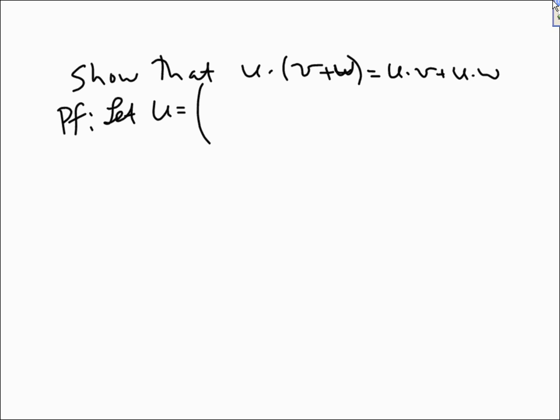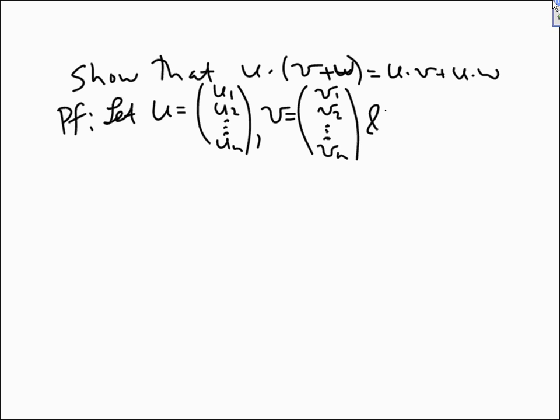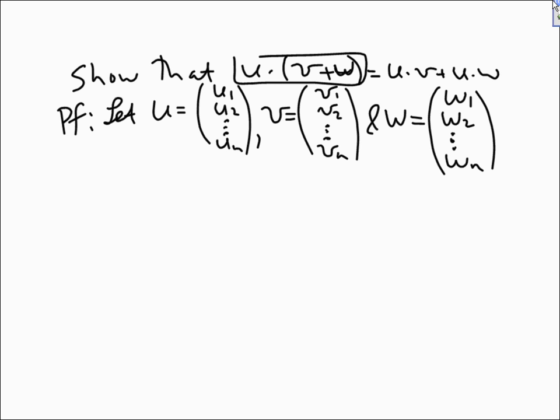Let U equal U1, U2 up to Un, V equal V1, V2 up to Vn, and W equal W1, W2 up to Wn. So we'll compute the left-hand side, U dot (V plus W).